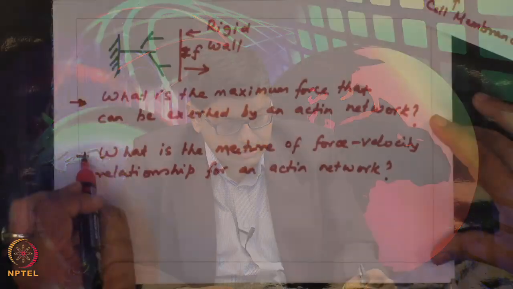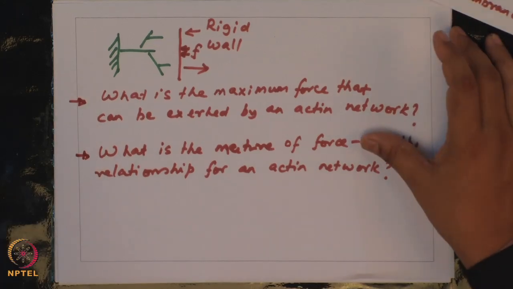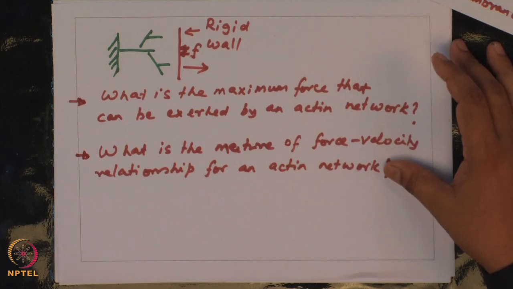However, if the force is greater than this F, then the wall will move. As a consequence, you can track at what rate the wall moves if it is constrained by a force F and is subjected to polymerization of an actin network. To answer these two questions, I am going to show two approaches, one experimental and one computational.